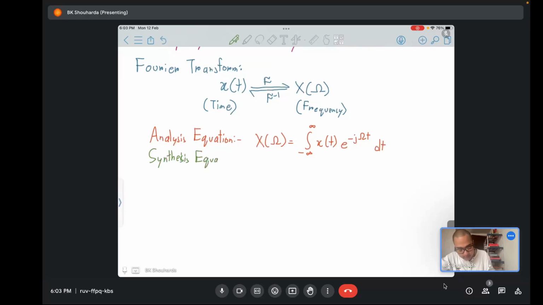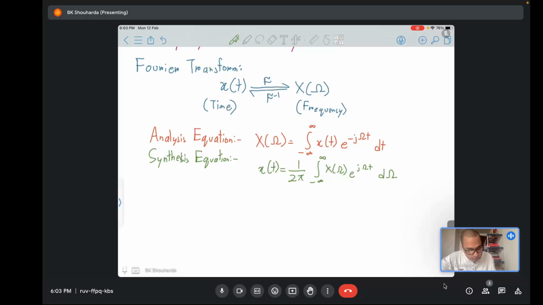Which is, given all the spectral components, now you are putting them together and getting the signal back. So x of t is 1 upon 2 pi integral over the entire frequency axis X of omega e to the power j omega t d omega.